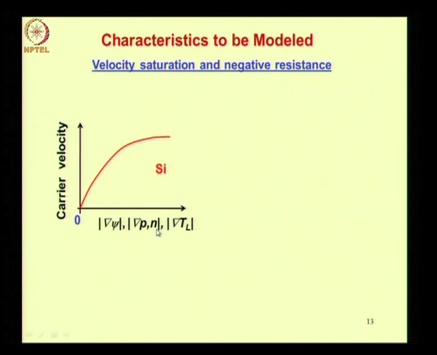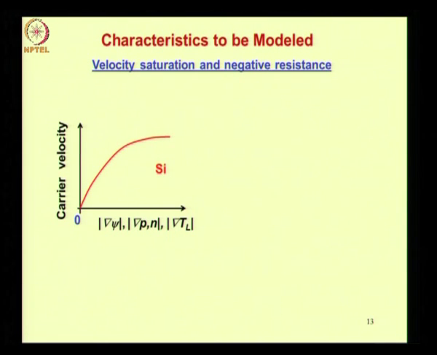So here P comma N means this is gradient P comma gradient N. What the slide shows is that the current rises linearly when the gradients are small or driving forces are small, but when the driving force is large, the current saturates. So this is called velocity saturation. The velocity saturates or the current saturates.